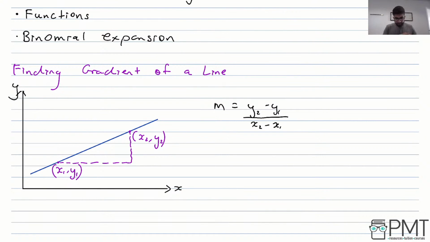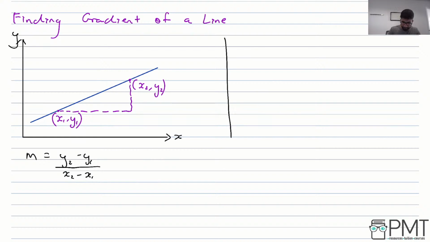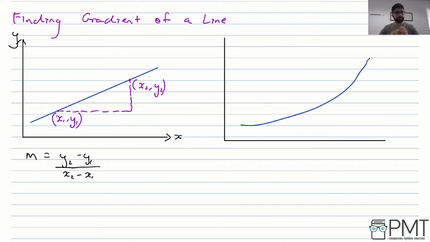But what we are really interested in is being able to find the gradient for a curve as well. So if we have a curve like this, let me draw one. That wasn't very smooth. That's maybe a bit better. Suppose you want to find the gradient on this curve, and you have got this point.